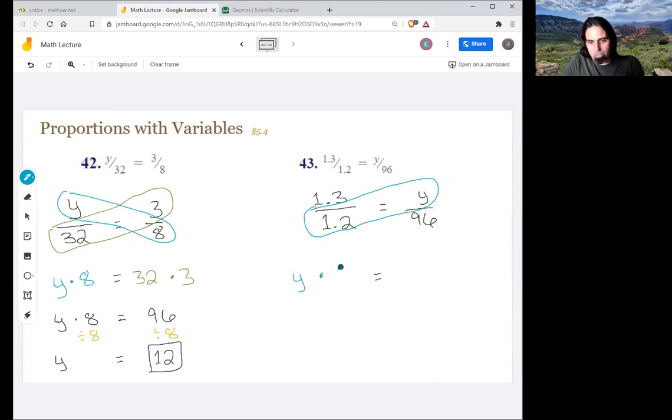So I am always going to make two choices when I do these. I'm going to pick the diagonal that has the letter and put that on the left side. And I'm going to pick the letter to go very first. I can always do that. Have my letter times something equals something else.